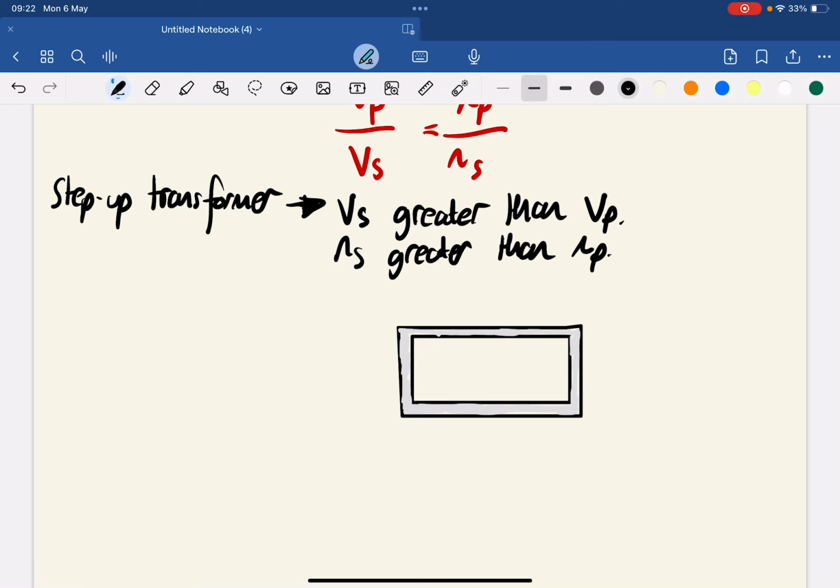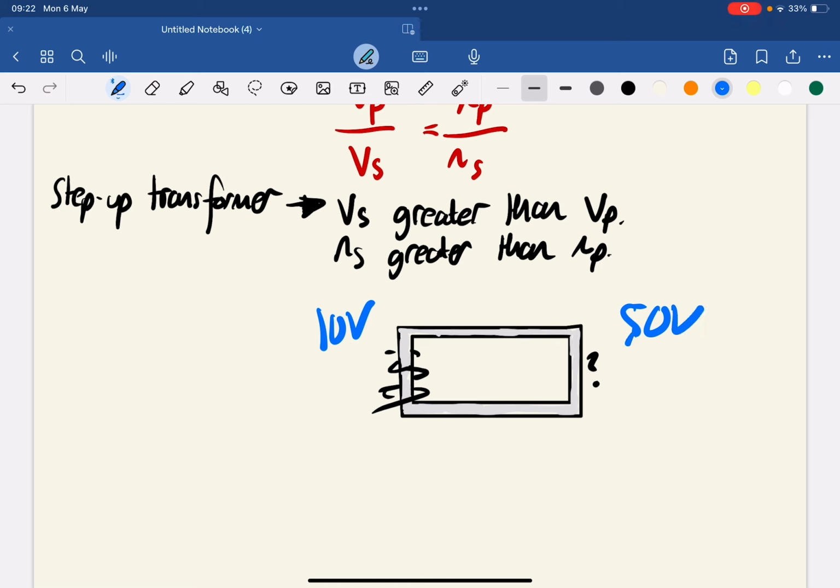So we have here a simple transformer, and let's just say on our primary we're going to have 2 turns, and we want to work out the number of turns on our secondary. We know that on our primary we have 10 volts, and on our secondary, let's say we've got 50 volts.